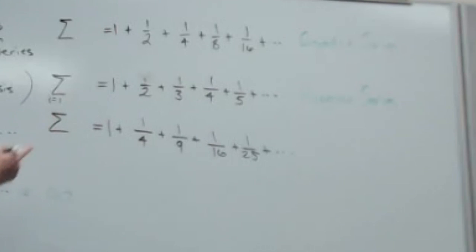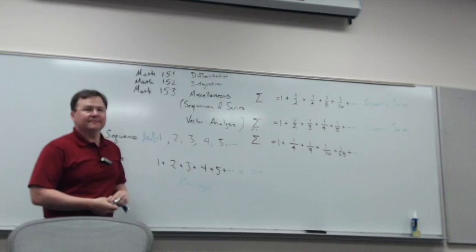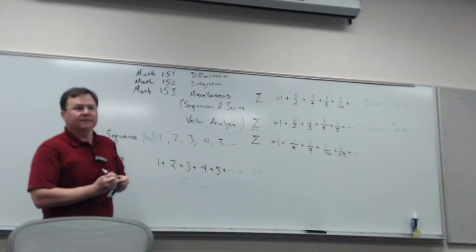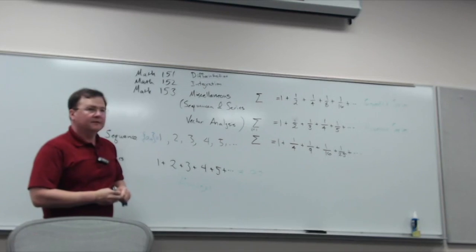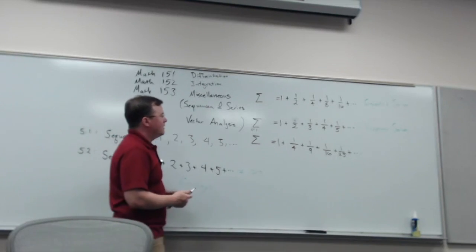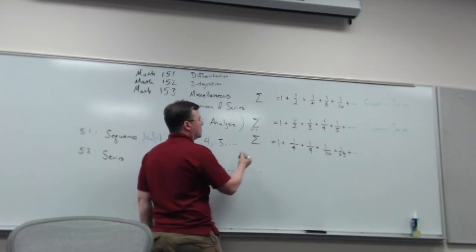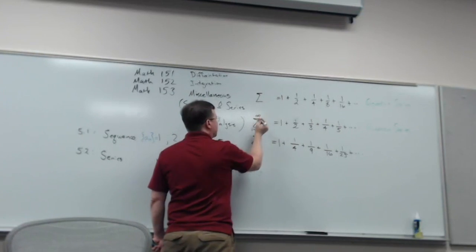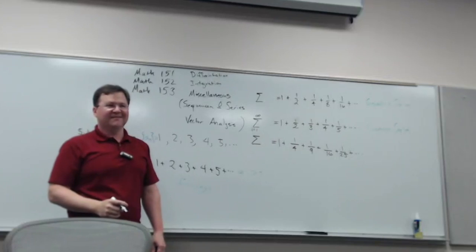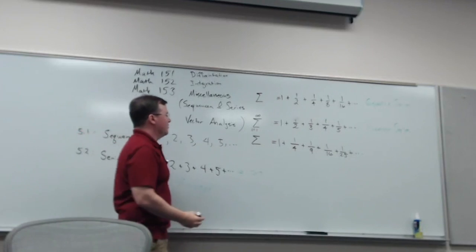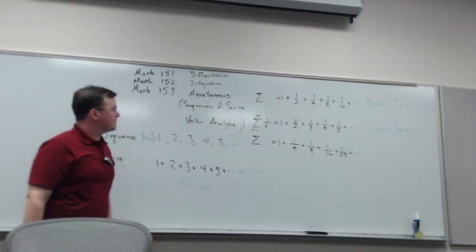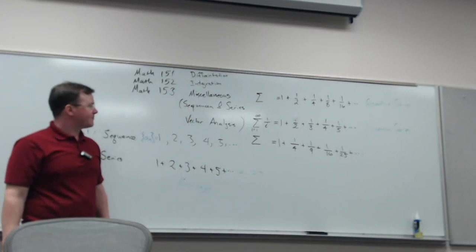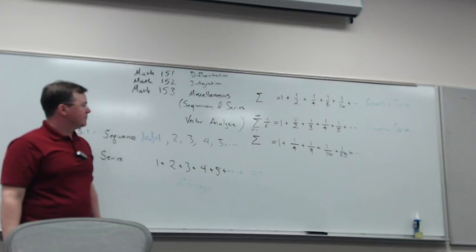And because of that dot, dot, dot, actually, what we're going to do is put just infinity on top to say that you don't stop. And then the pattern here is going to be 1 over i.